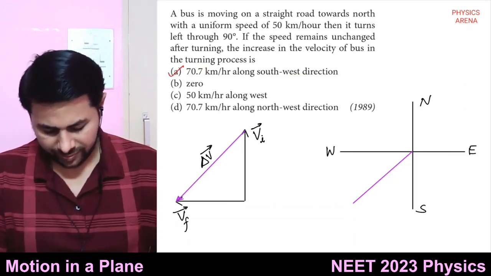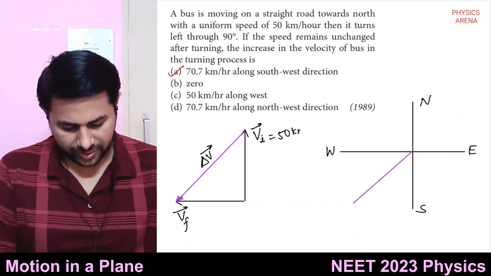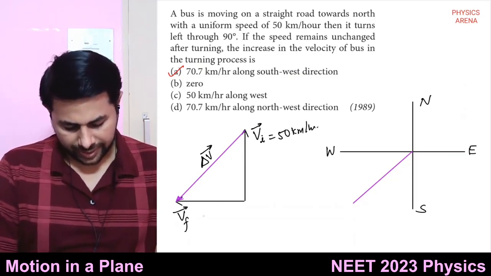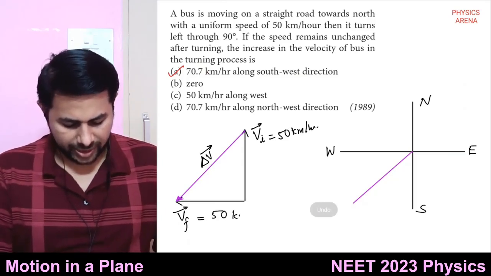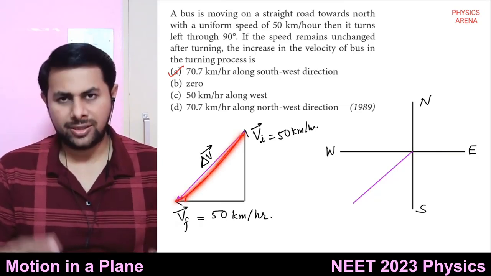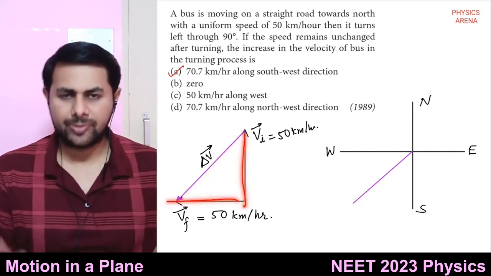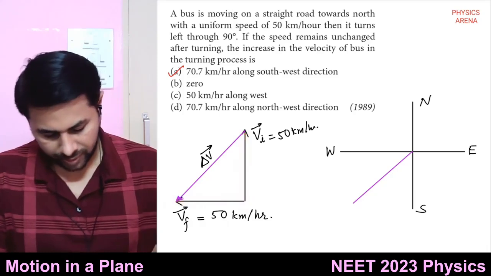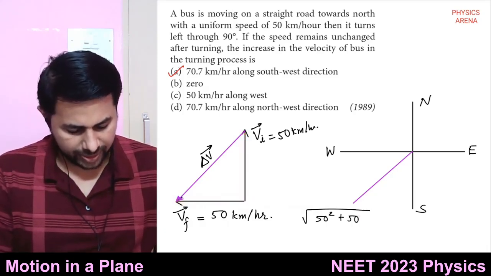This is 50 kilometers per hour in magnitude, and this is also 50 kilometers per hour, because the magnitude is not changing. So the change in velocity has a magnitude of the square root of 50 square plus 50 square.